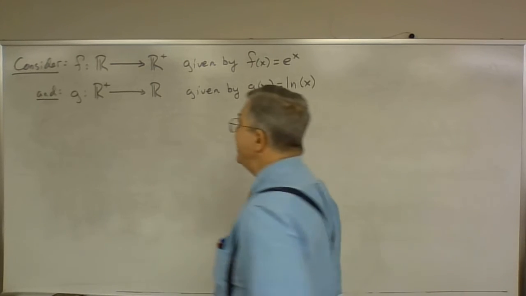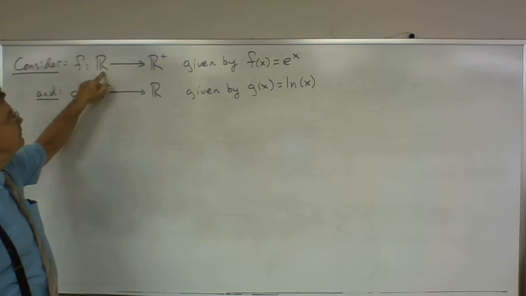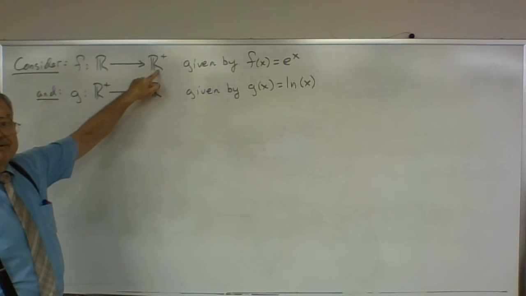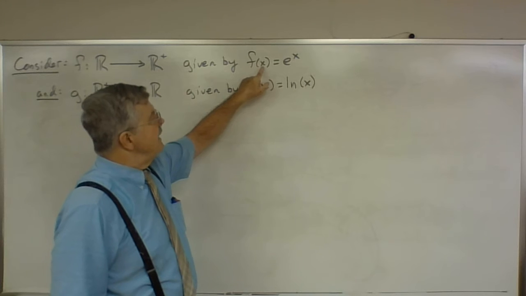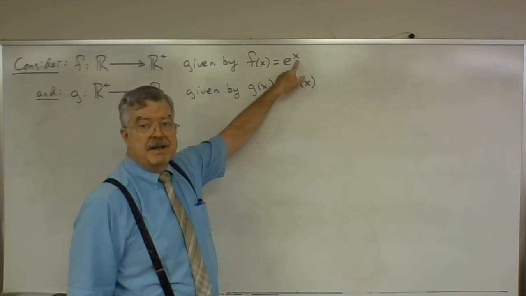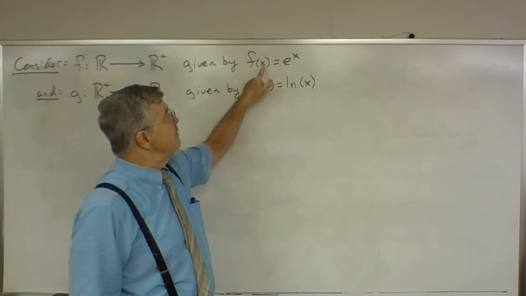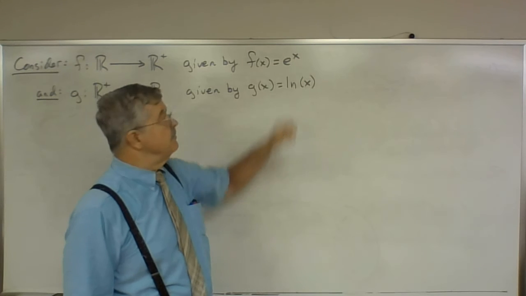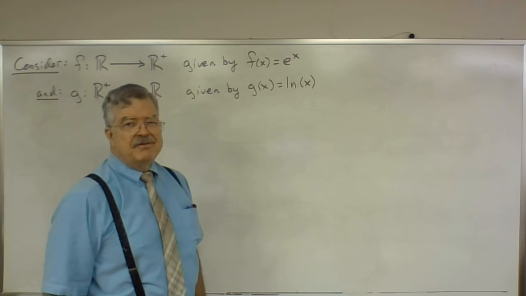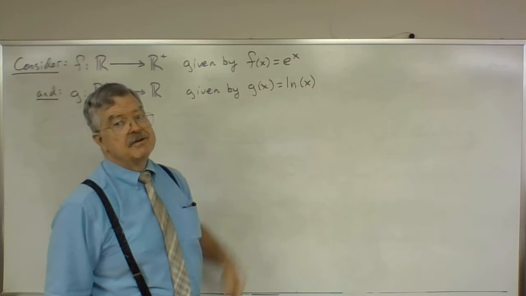And notice that f maps the entire set of real numbers onto R plus, the set of positive real numbers. In other words, there's no real value of x that we can plug into the exponential function to get 0. There's no real value of x that we can plug into the exponential function to get a negative number. If x is any real number at all, then e to the x is going to be a positive real number.